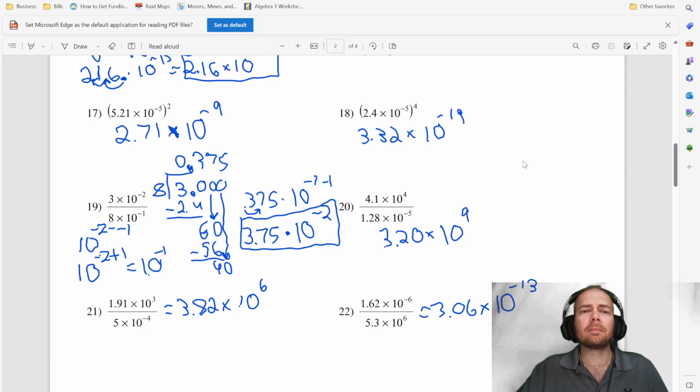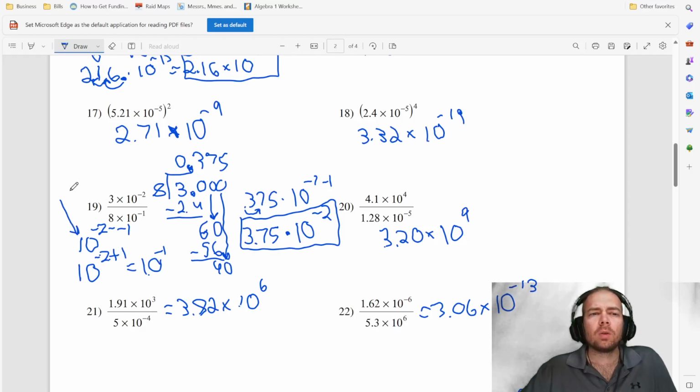And then over off to the side is where I did the second part of my work, which was when you have a power over a power, you subtract the powers. 10 to the -2 minus a -1. You have to subtract, which means you include an extra negative.